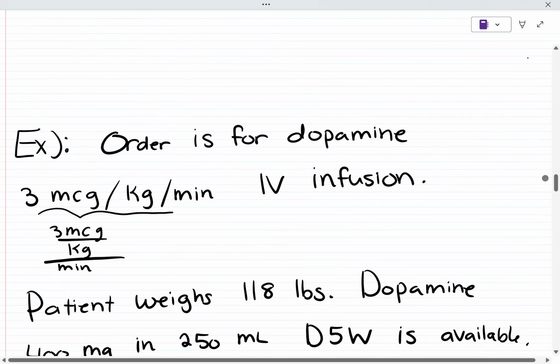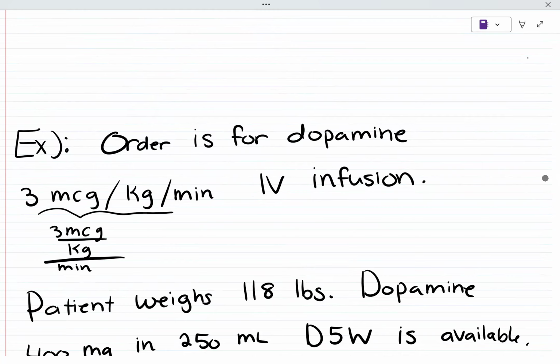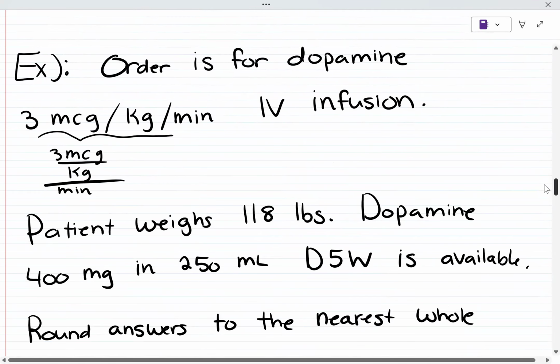Let's do another example. This one is a little bit strange because it's dealing with complex fractions, so I will explain complex fractions a little bit. In this example, the order is for dopamine of 3 mcg per kilogram per minute.